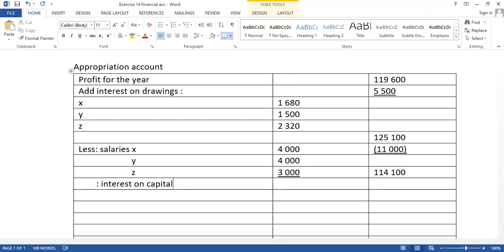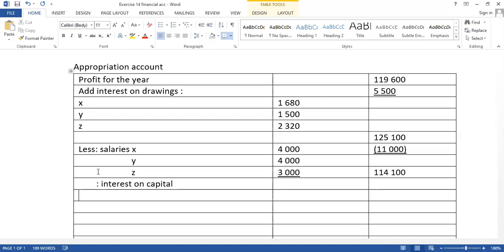However, we forgot to consider also the interest on capital. Do you guys understand? Should we move forward or should I repeat? Let's just move forward.